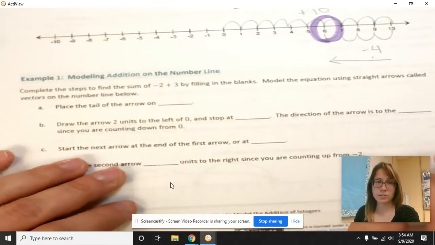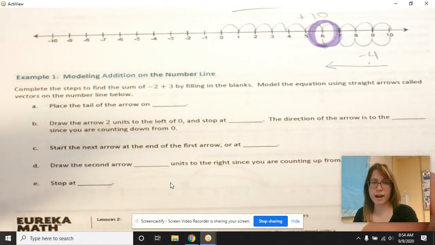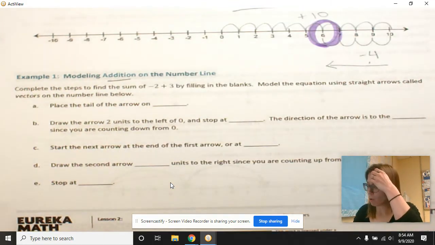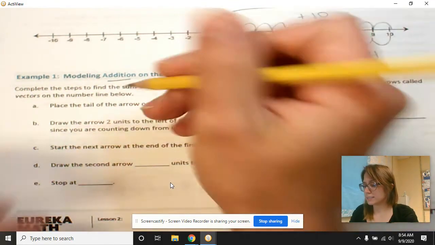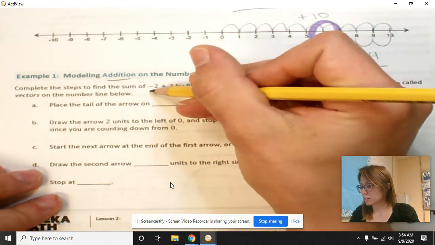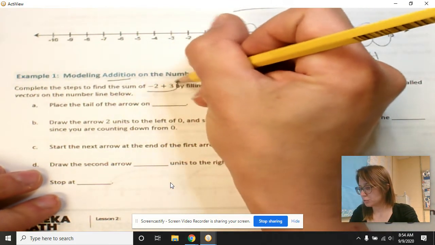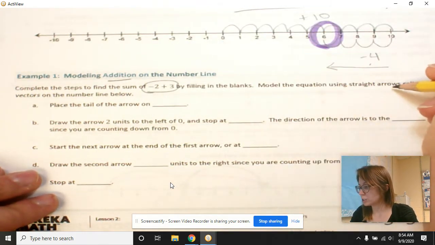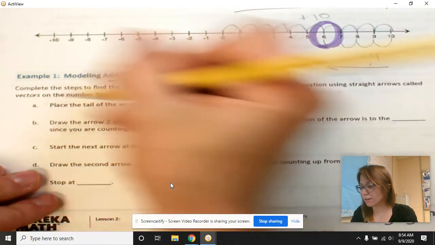All right, so let's continue forward with another example of how to add using a number line. They want me to complete the steps, which we're going to talk about right here, to find the sum of -2 plus 3, and then model the equation using straight arrows called vectors.